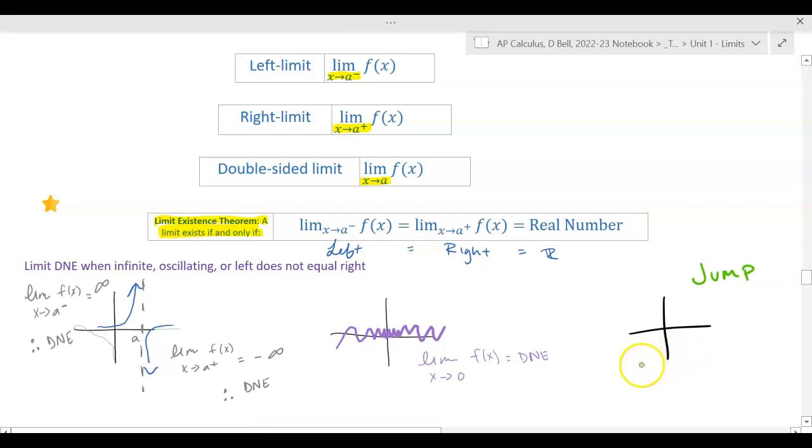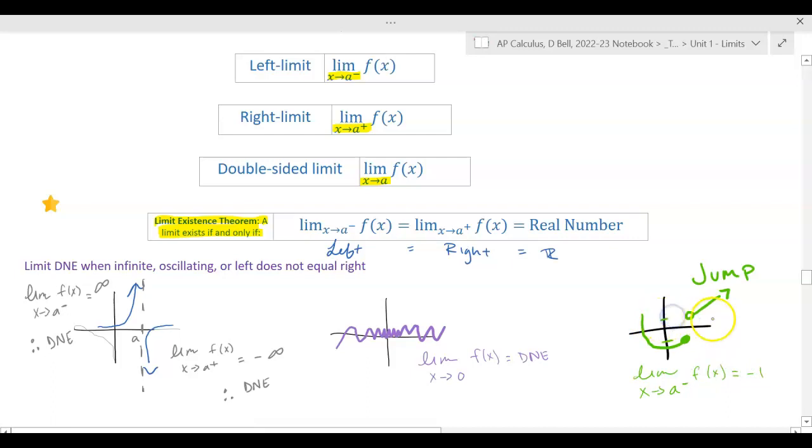So if we have part of a parabola and then a straight line. Well, the limit from the left is going to approach this y value. Let's call it -1.